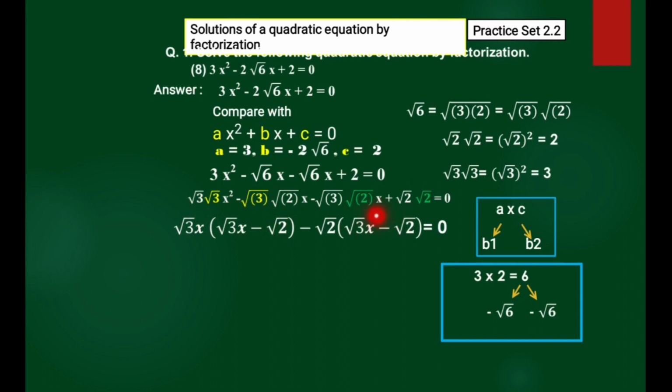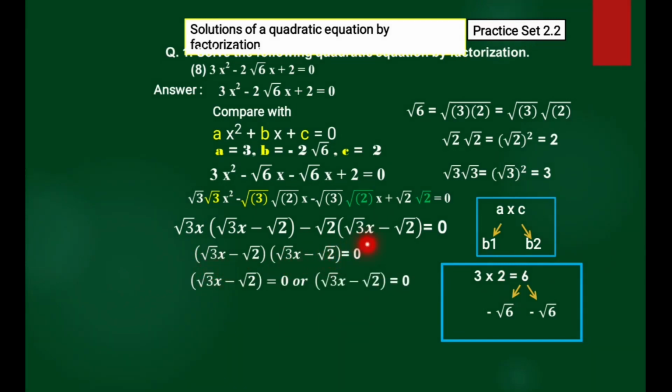Now from the last two terms we take minus root 2 common, denoted by green color. We take root 3 and x common, denoted by yellow color. If you observe, root 3x minus root 2 and root 3x minus root 2 can again be taken common. So we write that factor root 3x minus root 2, and the remaining is root 3x minus root 2.